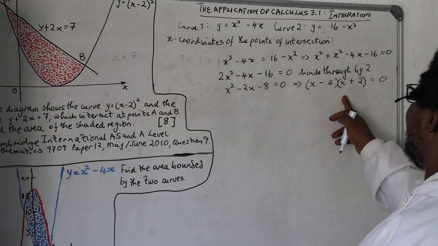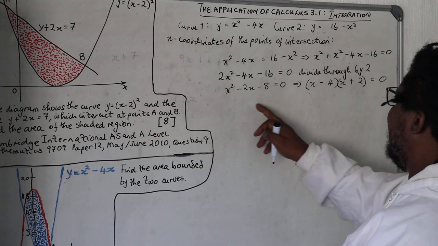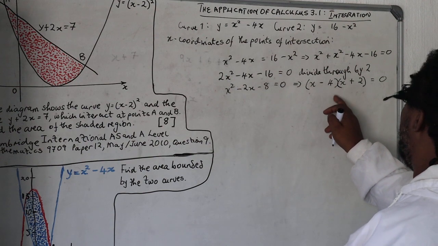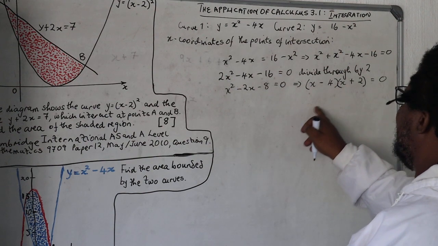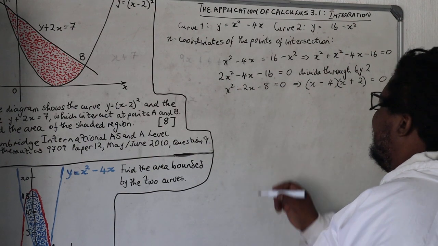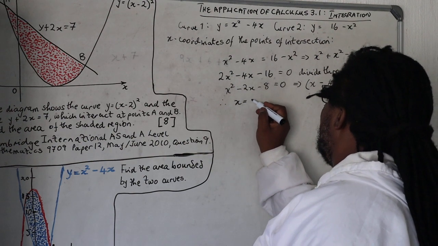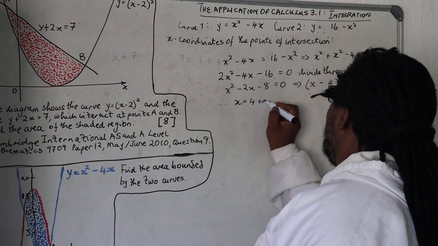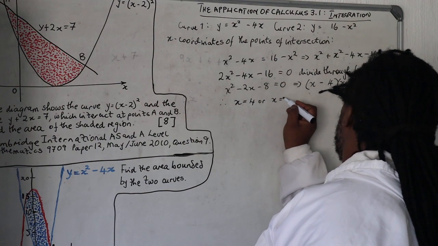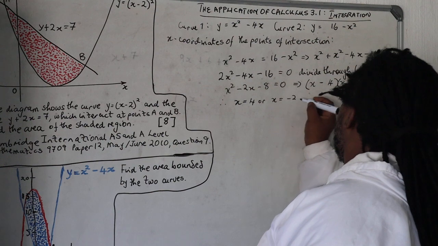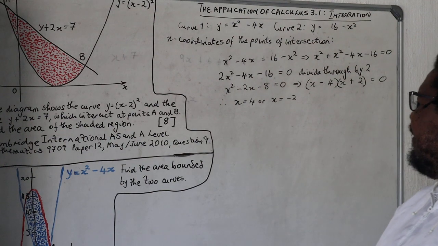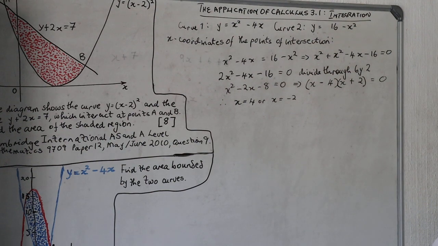And if you check, minus 4x plus 2x gives you minus 2x, minus 4 times plus 2 gives you minus 8. So we have therefore x is equal to 4, or x is equal to minus 2. And these are limits of integration.